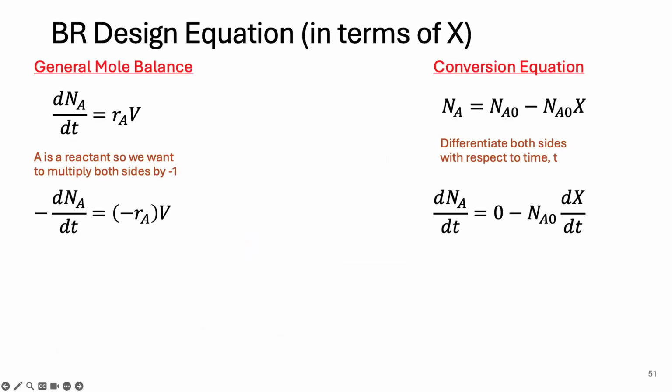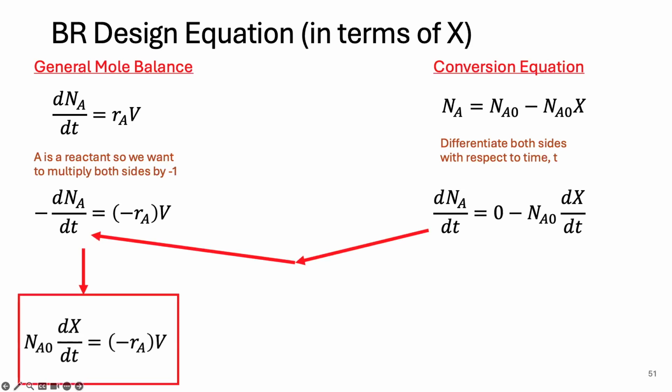So using that relationship, we can return to our general mole balance for our batch reactor, which we see on the left-hand side. And again, we're talking about moles consumed in this case of one of our reactants, so we want to be careful with our negative sign. We can then use the definition of our conversion equation and solve for that, take the derivative of that to get a relationship that relates the change in moles of A versus the change in conversion.